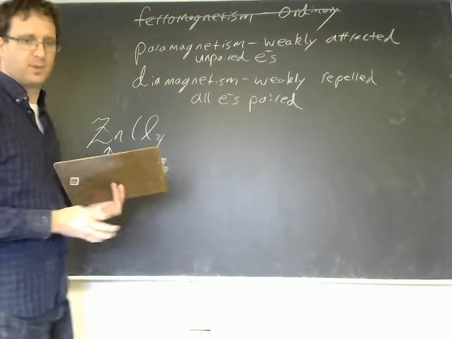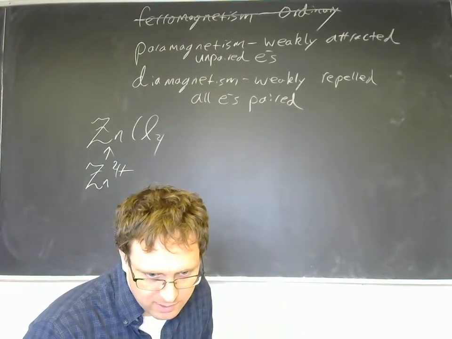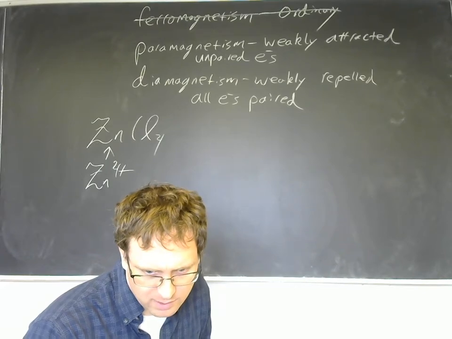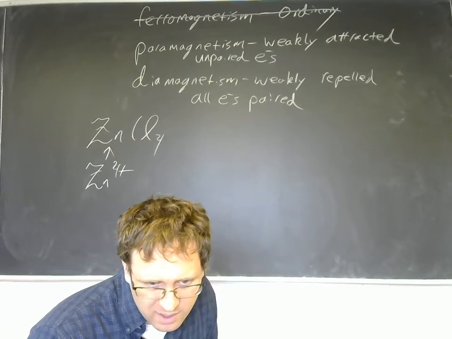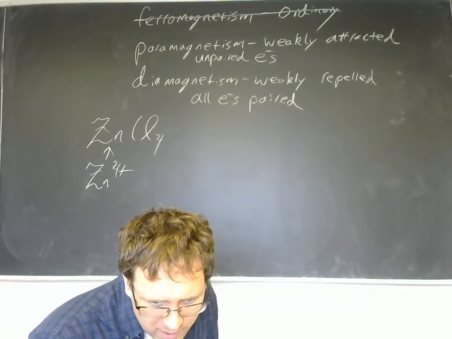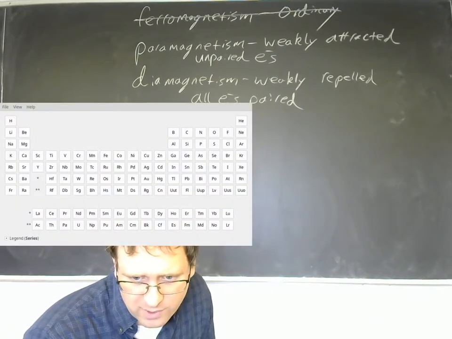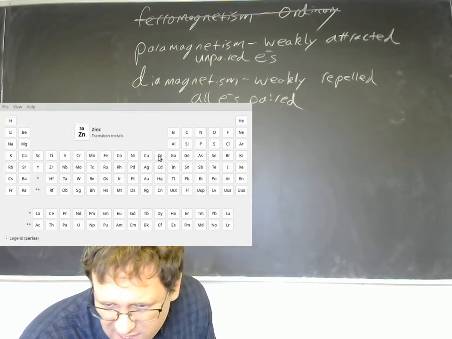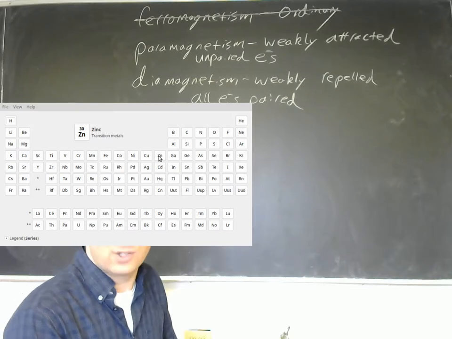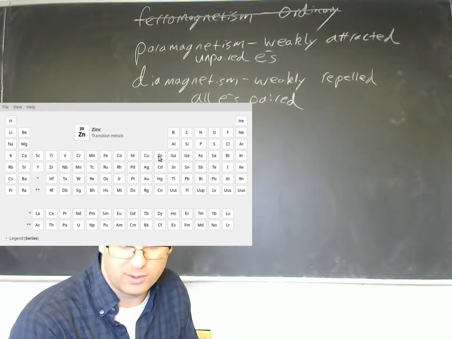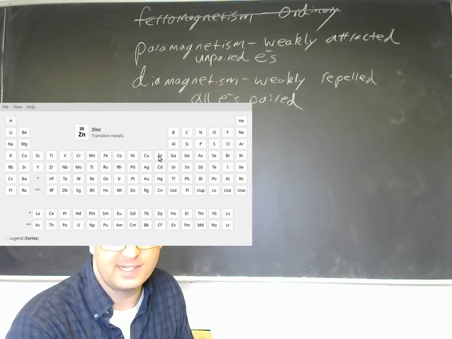I wonder if I can pull up a periodic table. Sorry, give me just a second here. Yes, I did have that ready to go. All right, so you can see zinc is at the end of the d block, and so zinc's electronic configuration is going to be the argon core with 4s2 and then a 3d10.